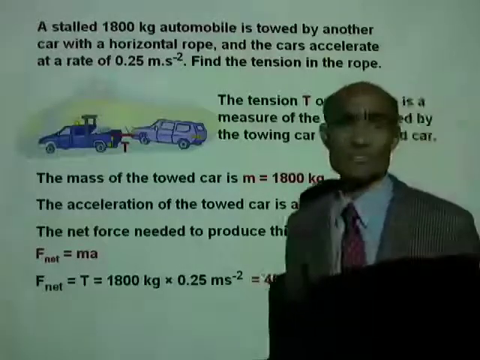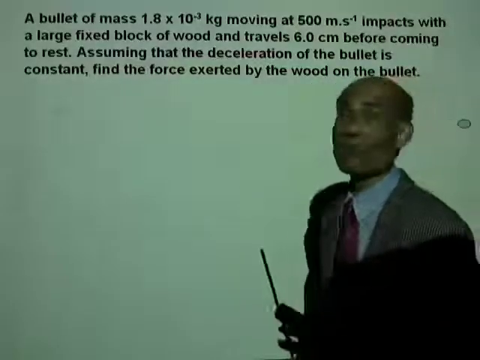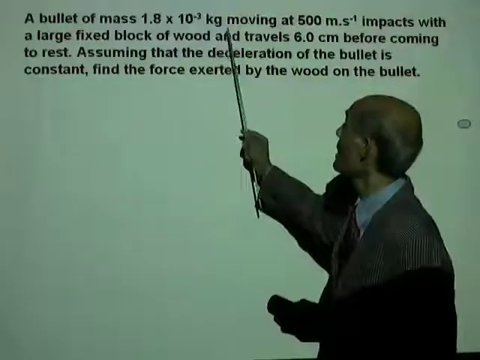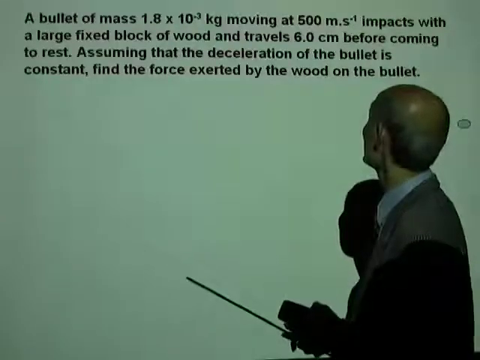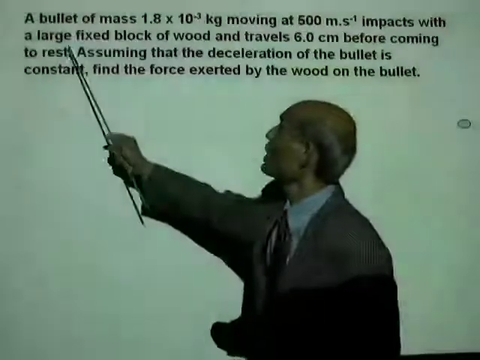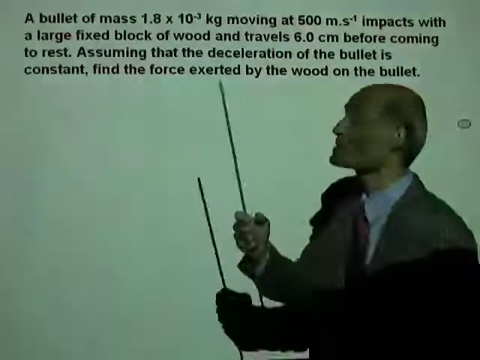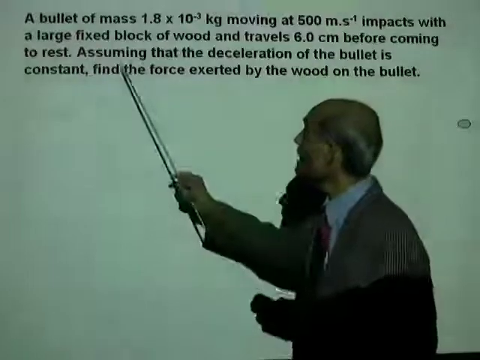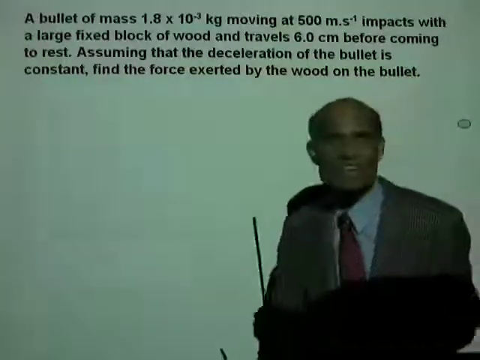Okay, let's do another problem. A bullet of mass 1.8 times 10 to the negative 3 kilogram, moving at 500 meter per second, impacts with a large fixed block of wood and travels 6 centimeter before coming to rest. Assuming that the deceleration of the bullet is constant.